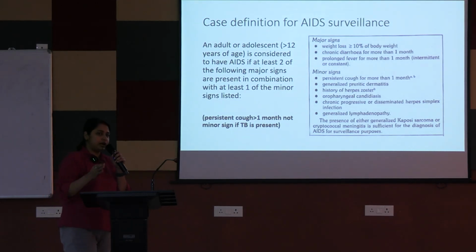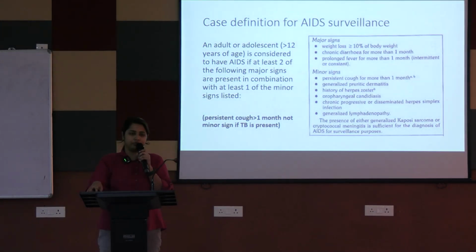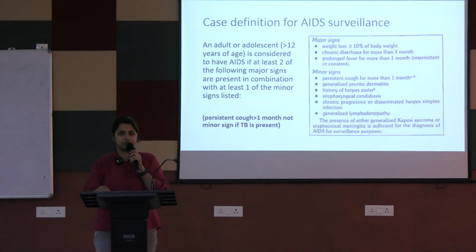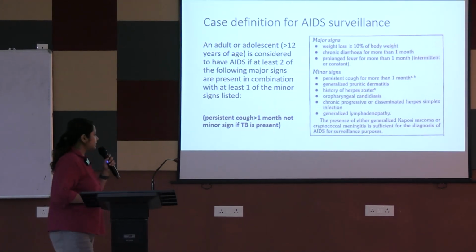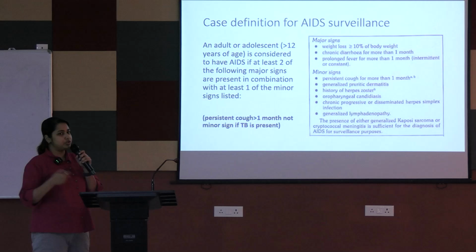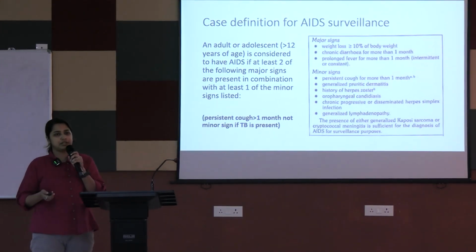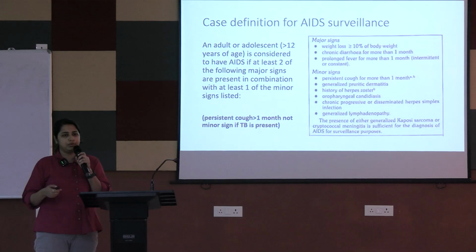Now, if you have detected that a person has Kaposi sarcoma or cryptococcal meningitis, then for sure they can be brought under the AIDS definition, because these are exclusively opportunistic infections that happen in AIDS patients only. So, if you find this in a patient, that means the person most probably has AIDS.